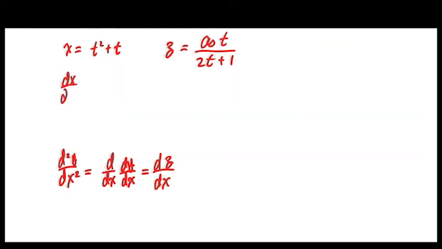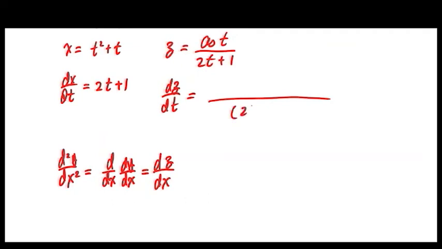We have done it already, but just to prove a point, it's exactly the same thing all over again. And dz over dt, which unfortunately is a quotient rule: denominator squared, and then u prime, negative sine t, times 2t plus 1, minus u times t prime.